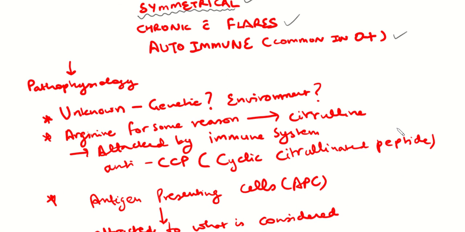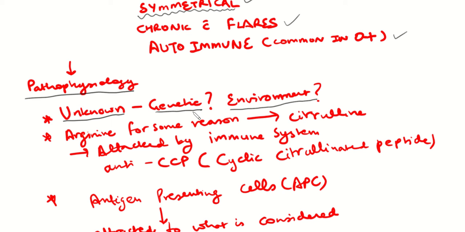So let's talk about how it comes to pass. We don't know. We just know that there's some genes or genetic features that makes people susceptible. And then there's some environmental factors that cause those genes to get expressed.